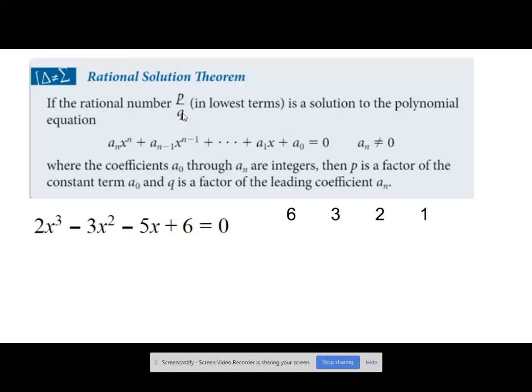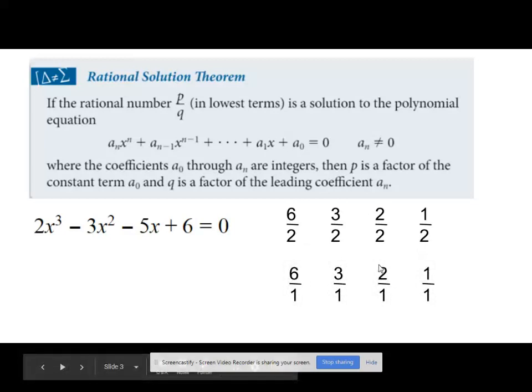The denominator, q, is going to be all the factors of this leading coefficient, so 2 in this case. All the factors of 2 are 1 or 2. So it's either going to be 6 over 2, 3 over 2, 2 over 2, 1 over 2. These are all potentials, or 6 over 1, 3 over 1, 2 over 1, and 1 over 1. There are 4 different factors of 6, and there are 2 different factors of 2. So these are all the different possible answers that we could get.